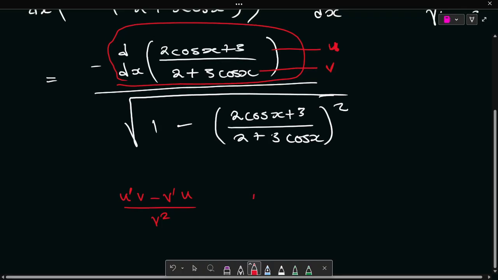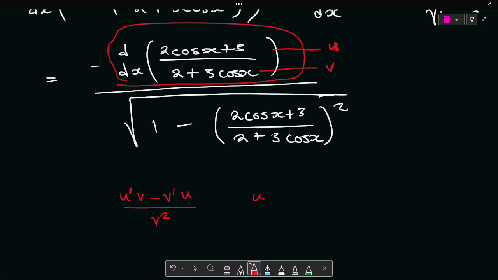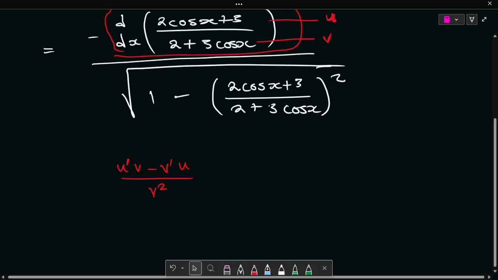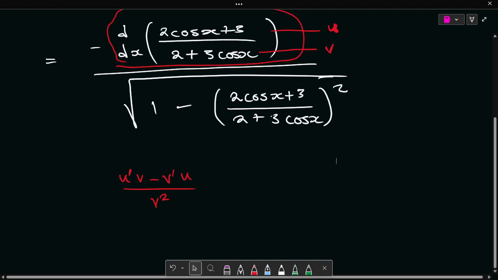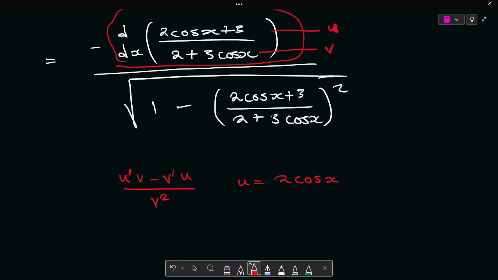So we are saying that our U is equal to 2 cos x plus 3. Our U prime is going to be equal to negative 2 sine x.